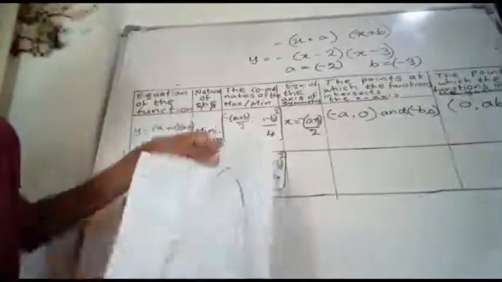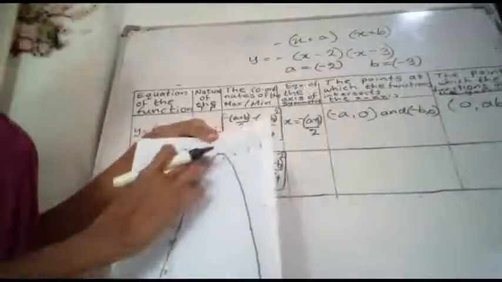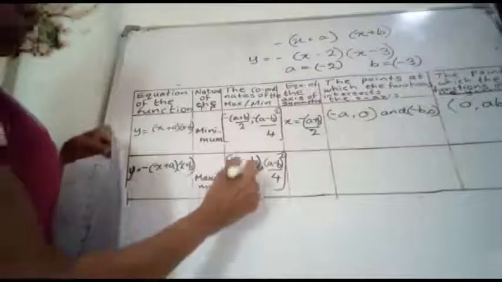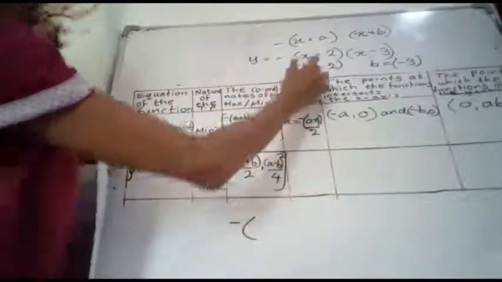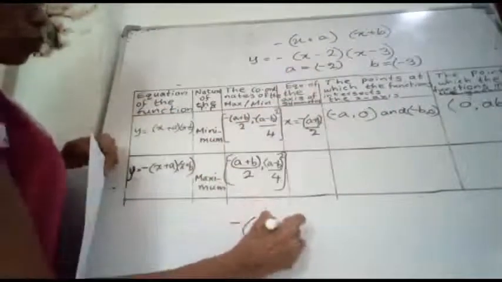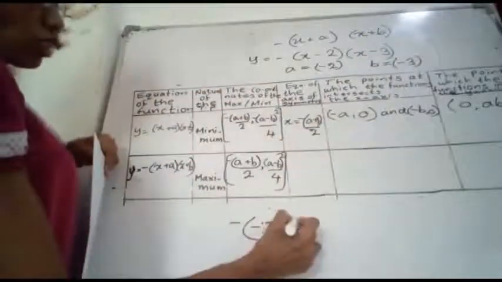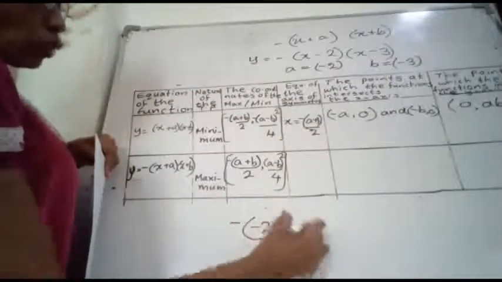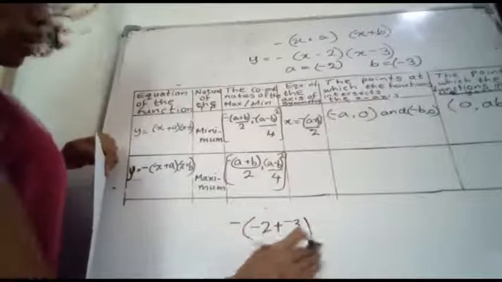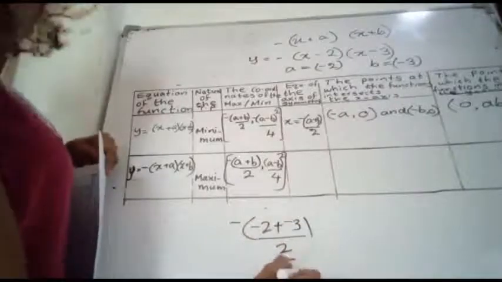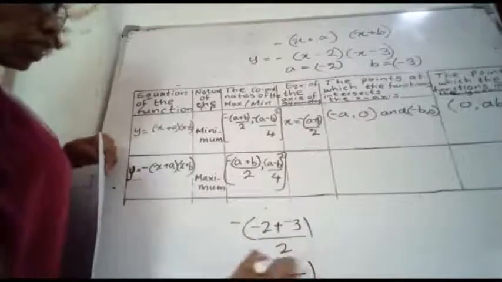Here a is negative 2 and b is negative 3. Negative of negative 5 divided by 2, negative times negative, is positive 2.5.